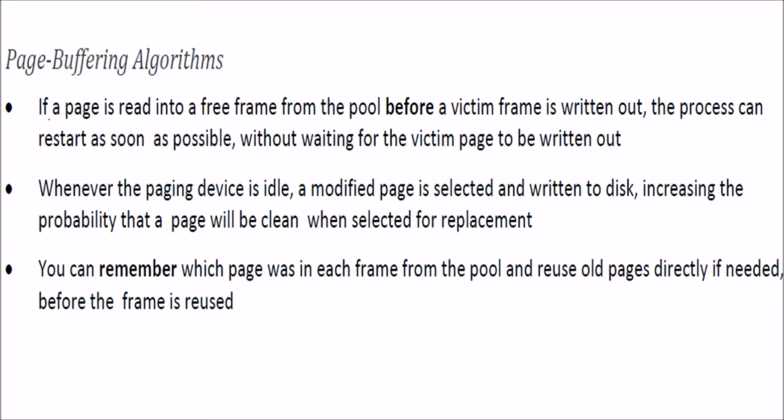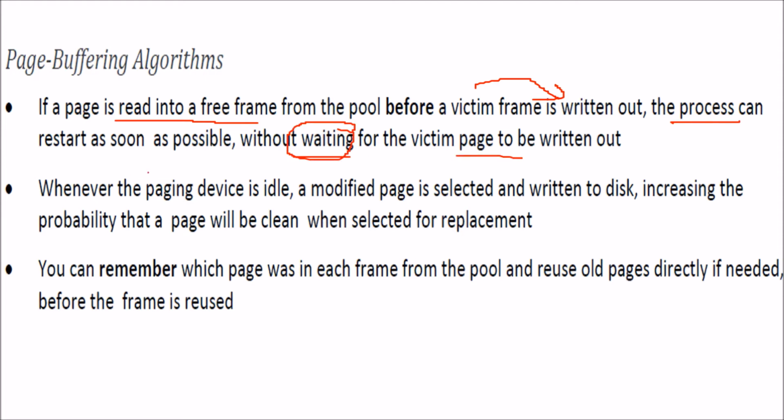We also have the page buffering algorithm. The page is read into a free frame from the pool before a victim frame is written out, so the process can restart as soon as possible without waiting. The buffering is to decrease or avoid this waiting time, without waiting for the victim page to be written out.